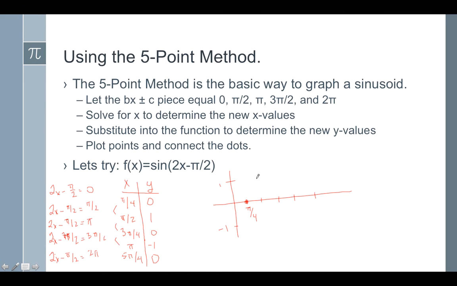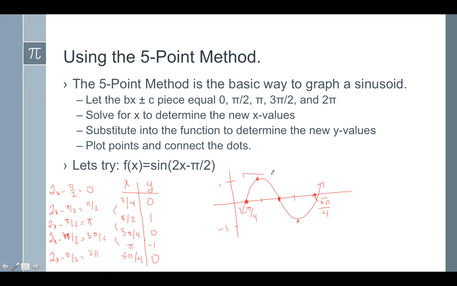My next value is at 1, back to 0, back to -1, and back to 0 again. And we get a very nice simple graph that looks like this. Now, I didn't mention any of the other stuff that we talked about. By the way, this is 5 pi fourths, in case you didn't hear me say that.